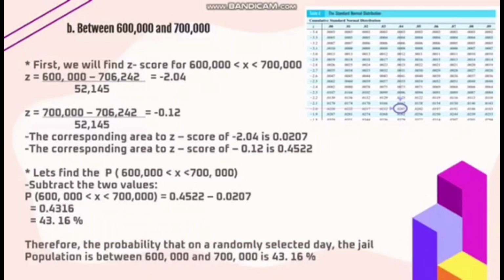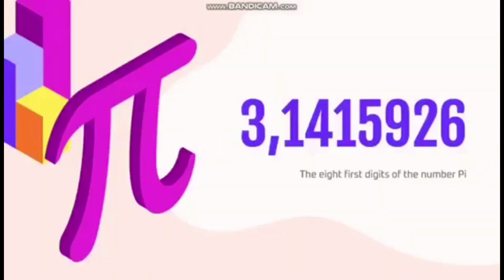Therefore, the probability that on a randomly selected day, the jail population is between 600,000 and 700,000 is 43.16%. That's all.